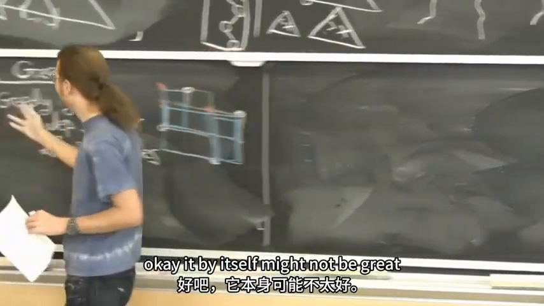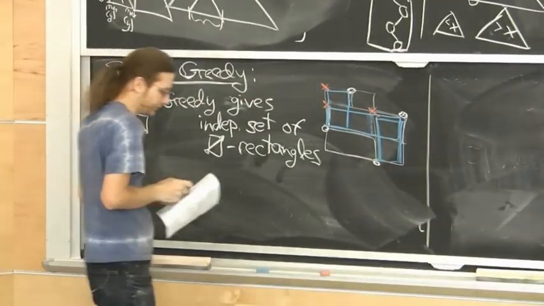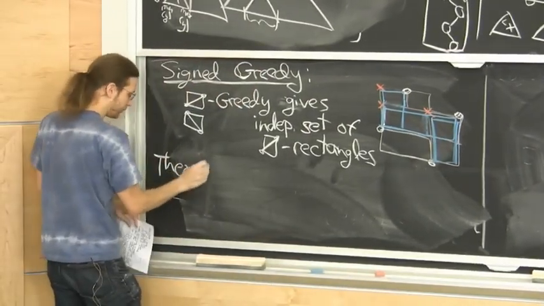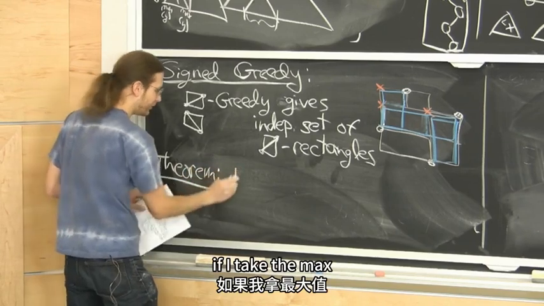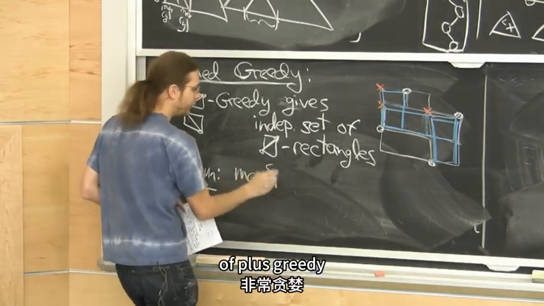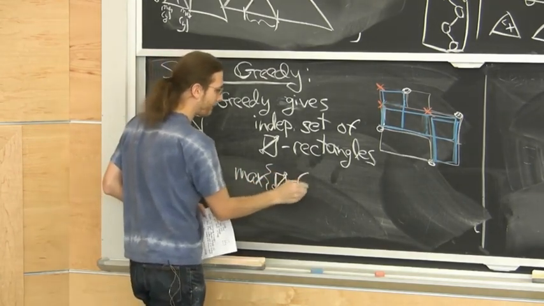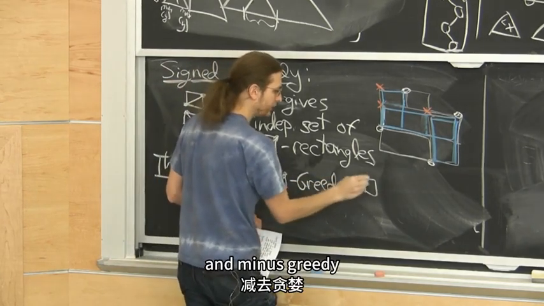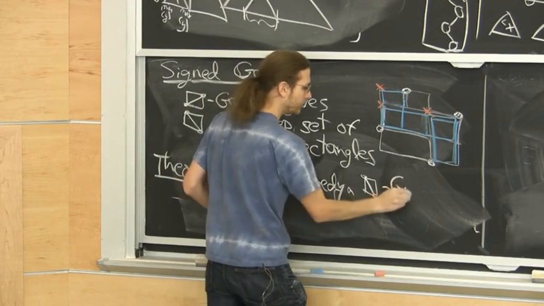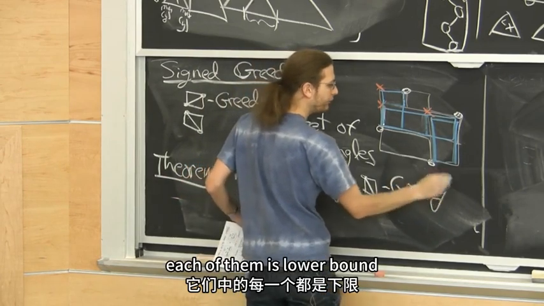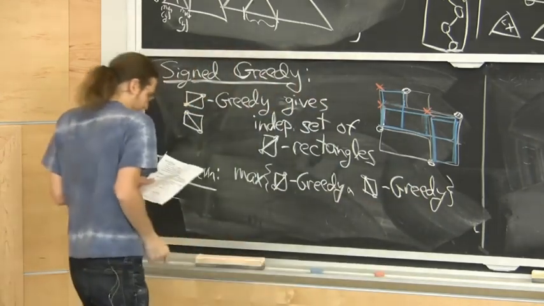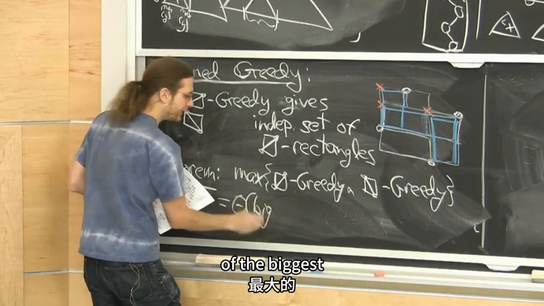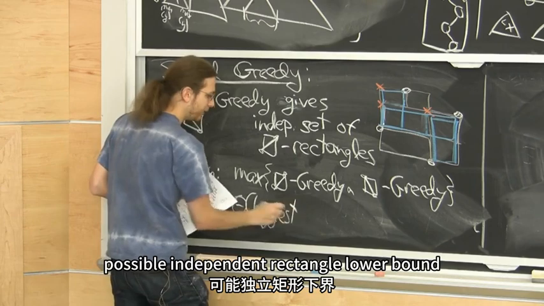It by itself might not be great, but you have to consider both of them. So the theorem is, if I take the max of plus greedy and minus greedy, each of them is a lower bound, so the max is a lower bound on optimal. Then this is within a constant factor of the biggest possible independent rectangle lower bound.